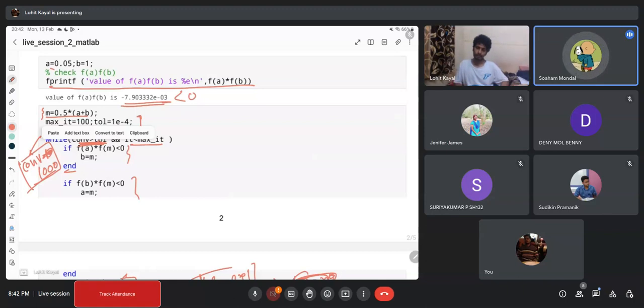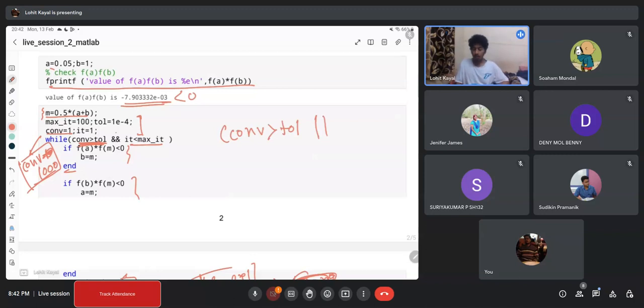Sir, I understood this one, but I am talking theoretically, what if it is going on and on? If you want to do that, instead of this double ampersand, use conv greater than tol or it less than maxit, then it will go till 99.